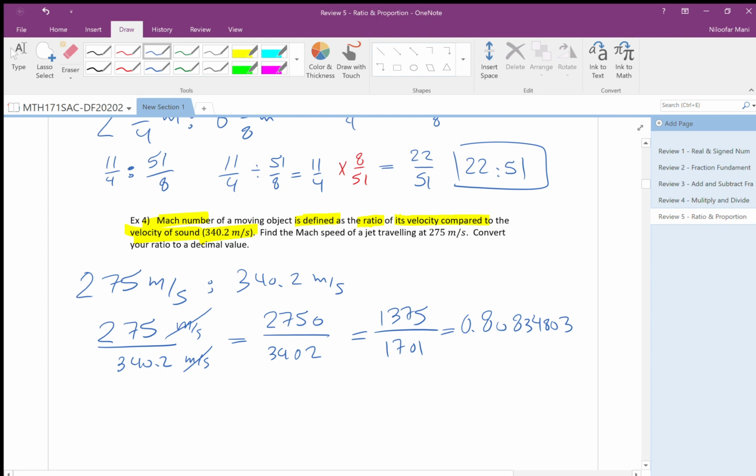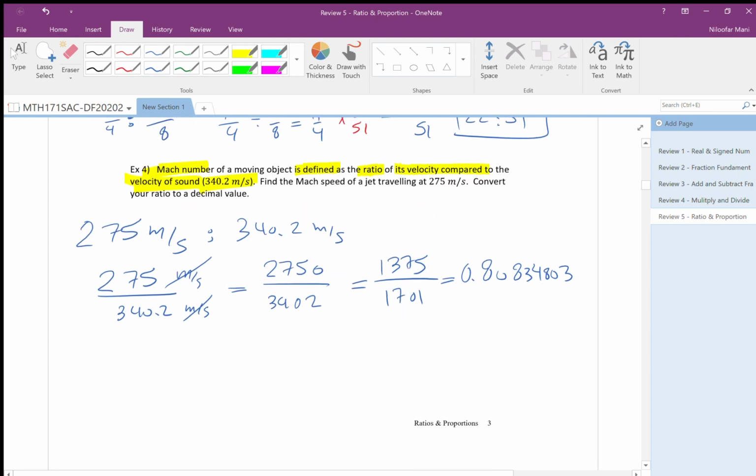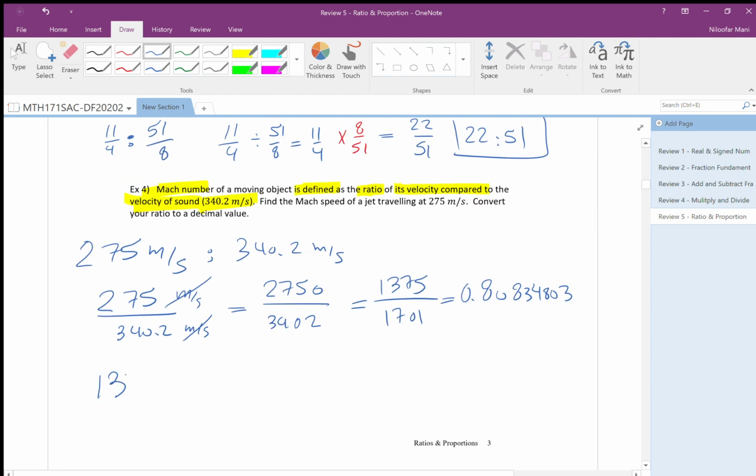Okay. So I can show it this way, like a ratio, like I'm comparing, for example, 1375 to 1701. So I'm comparing.